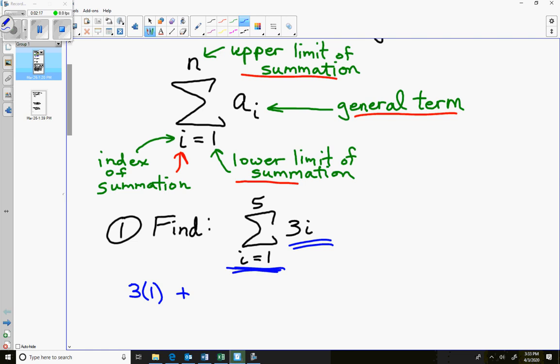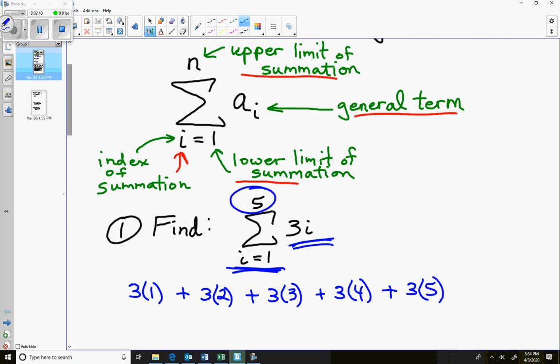This is summation, add. And now we come back to our counter and we're going to increment it by 1. So now i is 2. Go to your general term. Everywhere you have an i, plug in 2. That's it for that term. Now we increment i again. Now it's 3. And you keep going until you get to that upper limit. So in this case, we're going to count from i equals 1 all the way to 5.